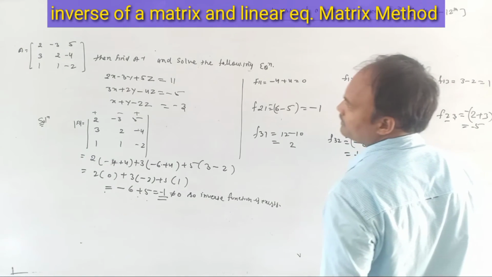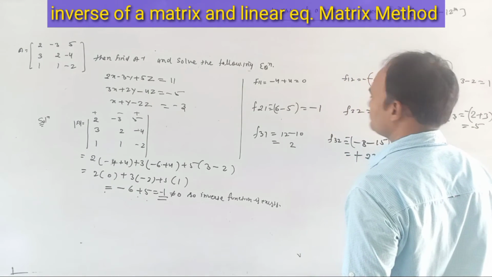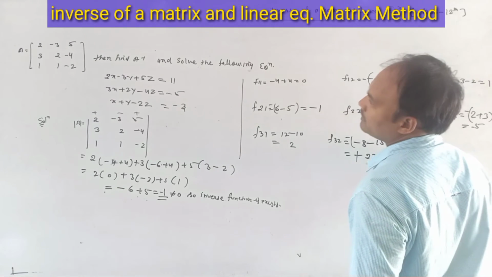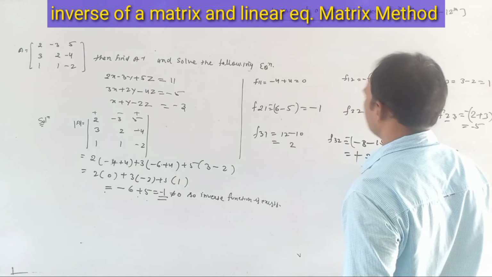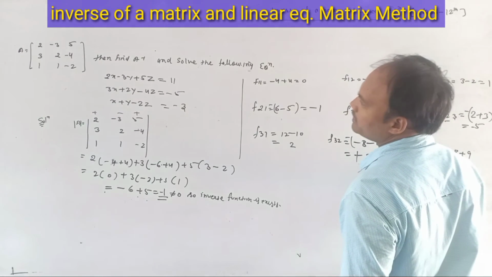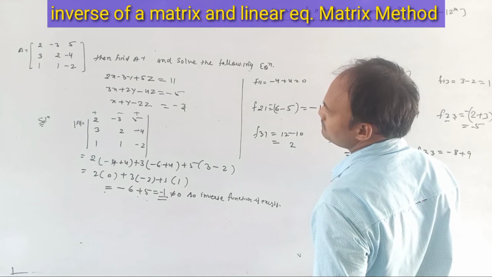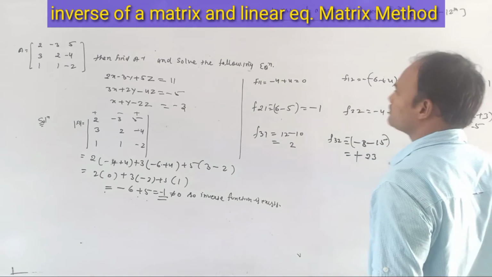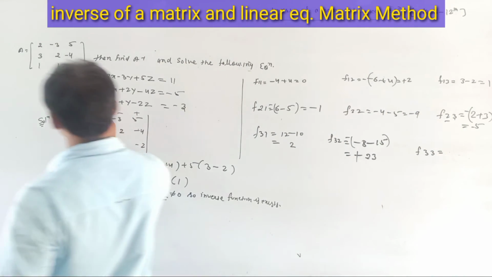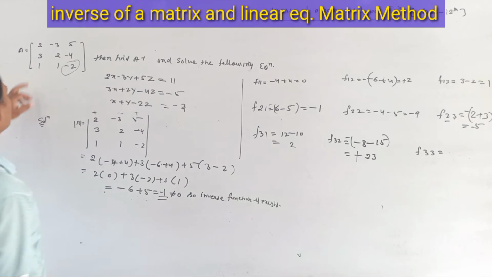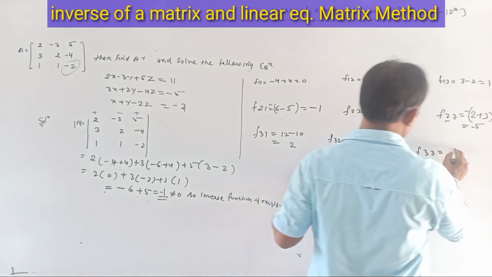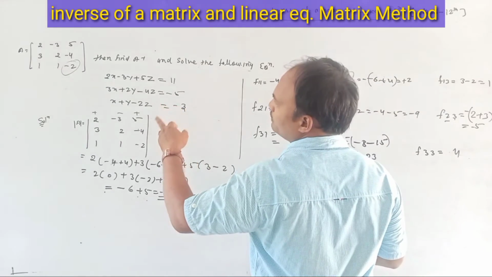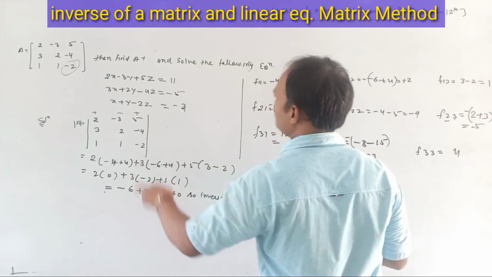f33 means it is minus 8 and plus 9, minus 8. We are going to find with respect to this, so we can say that it is 4, it is 4 minus 4 plus 9.